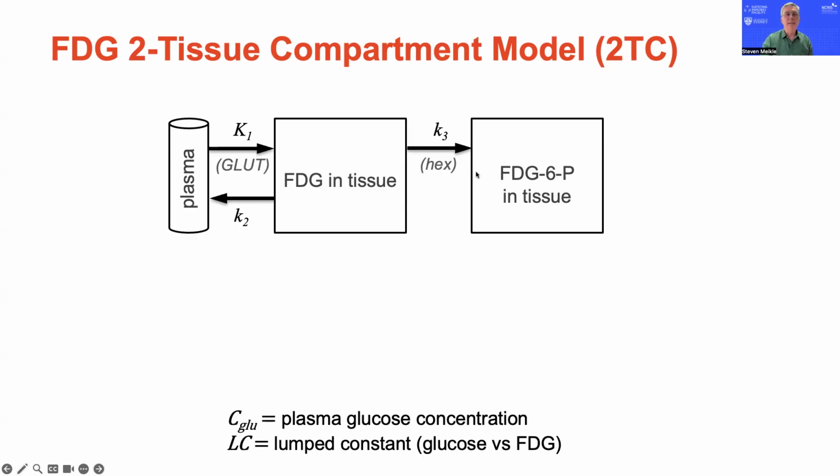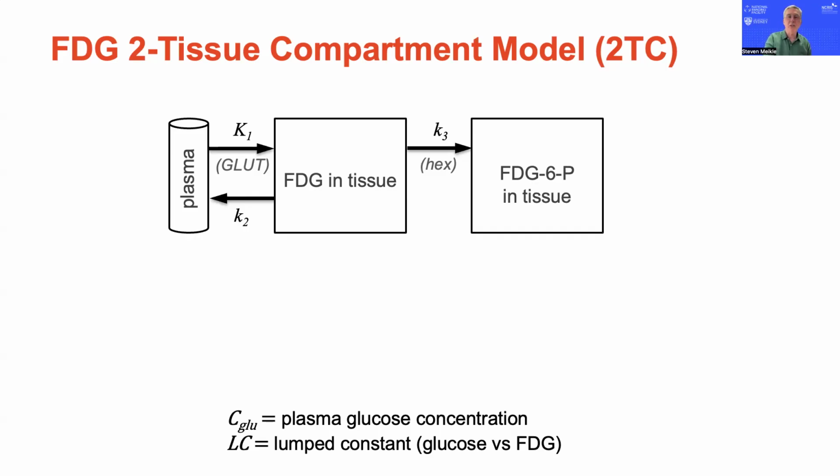And you'll notice that in this model, I've got no K4. Sometimes we do have a K4 and we allow the possibility that there might be a reverse process here, reverse phosphorylation. In certain tissues in the body, that actually does happen, and K4 is non-negligible. But a lot of the time, particularly in the brain, we assume that K4 is 0, and this is therefore an irreversible forward process.